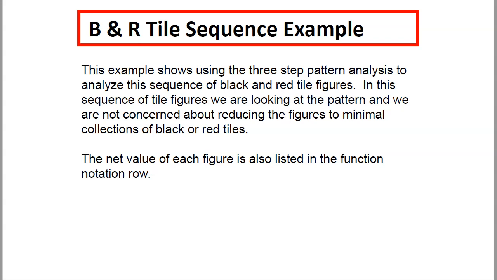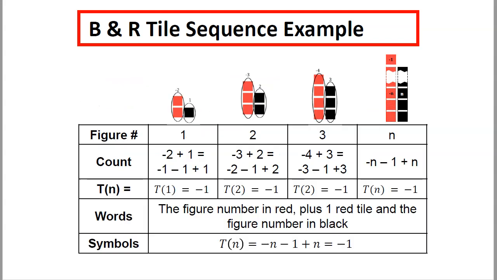Let's look at a black and red tile sequence example. This example shows using the three-step pattern analysis to analyze this sequence of black and red tile figures. In this sequence of tile figures, we're looking at the pattern and we're not concerned about reducing the figures to a minimal collection. The net value of each figure is also listed in the function notation row.